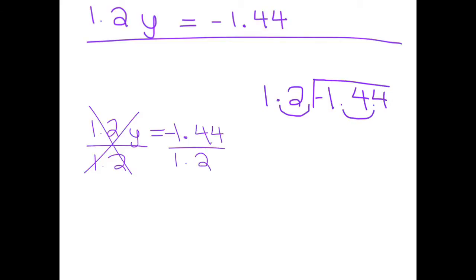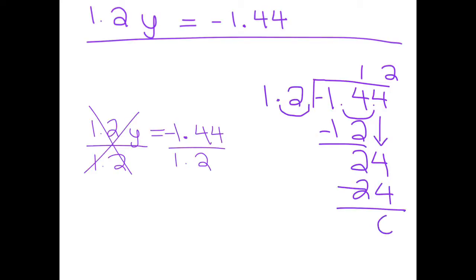Then we solve. So we know that 12 goes into 14 once, and 14 minus 12 is 2. But since 12 can't go into 2, we bring the 4 down, and we know that 12 goes into 42 twice, so that equals 24, and 24 minus 24 is 0.